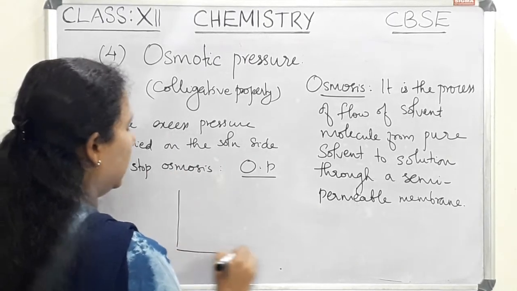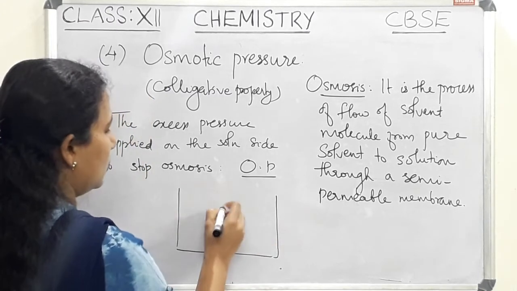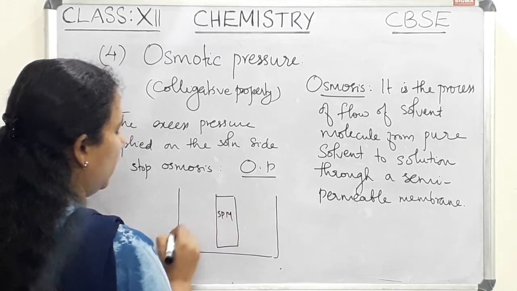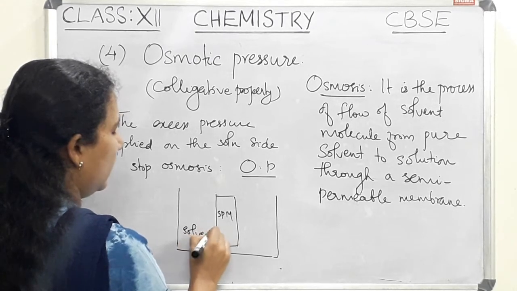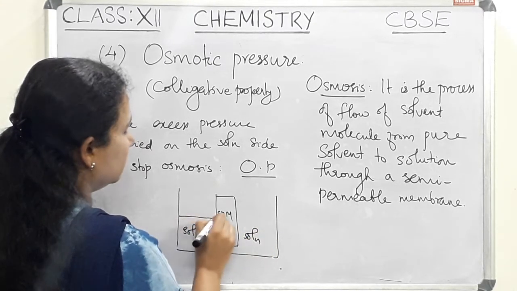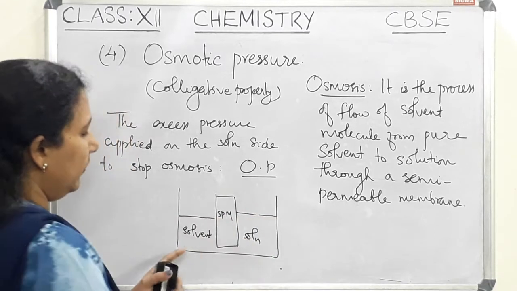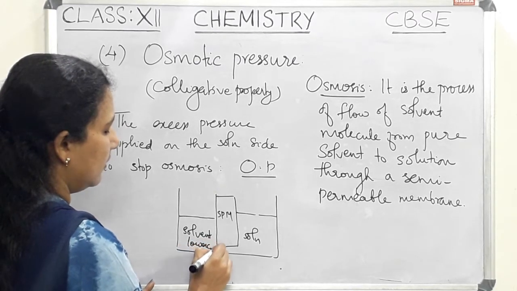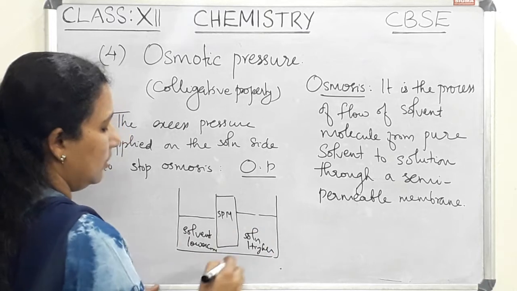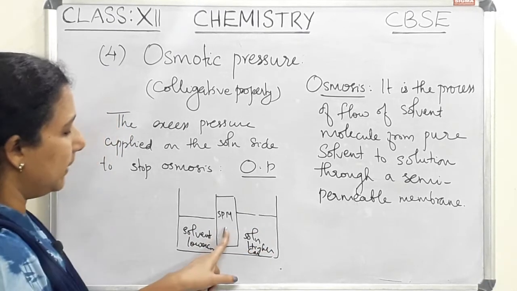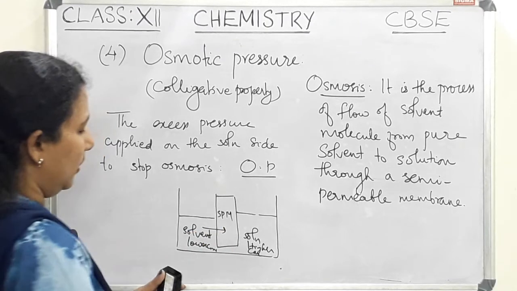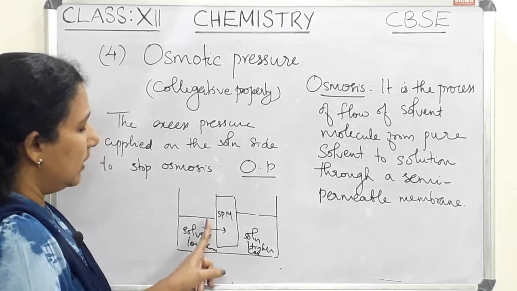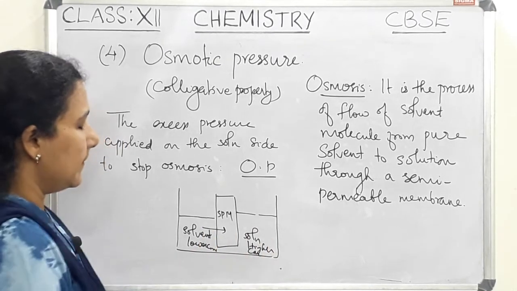Let us see a container with two compartments separated by a semi-permeable membrane. This is the semi-permeable membrane, this is the solvent side and this is the solution side. Solvent molecules are flowing from a lower concentration to a higher concentration through the semi-permeable membrane. That is called osmosis.